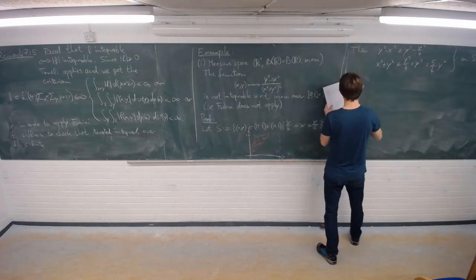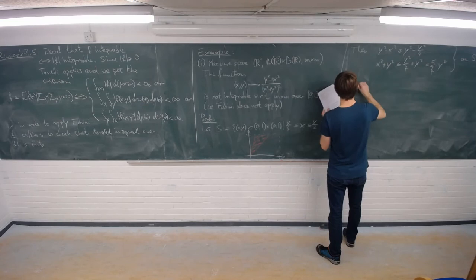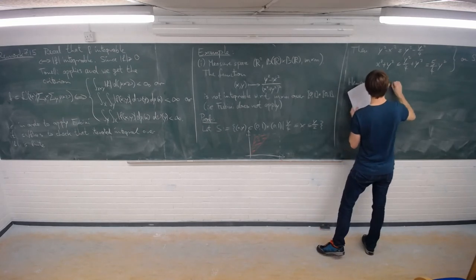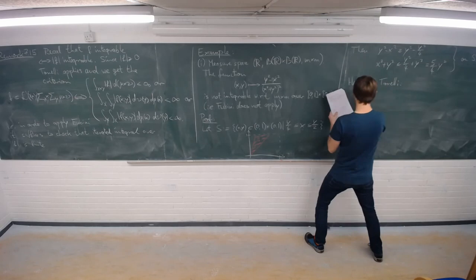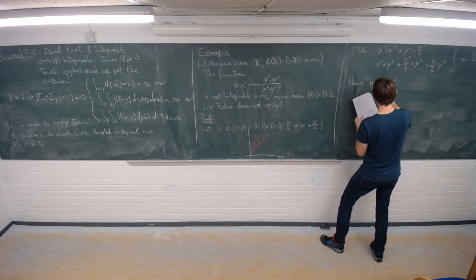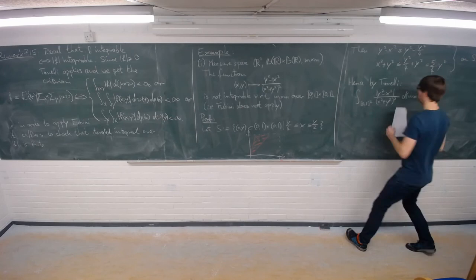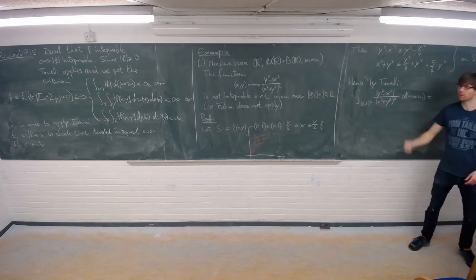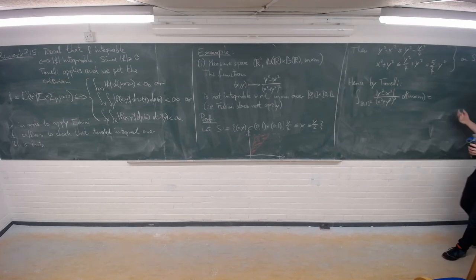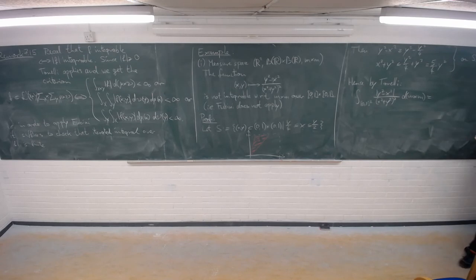And now we integrate. Okay, so if we take the absolute value of this function, then we can apply Tonelli to compute this integral over the absolute value as an iterated integral. And it might be infinite. That's fine in the Tonelli case.